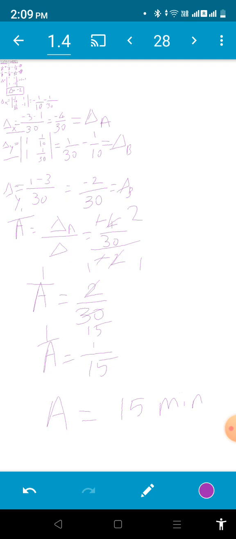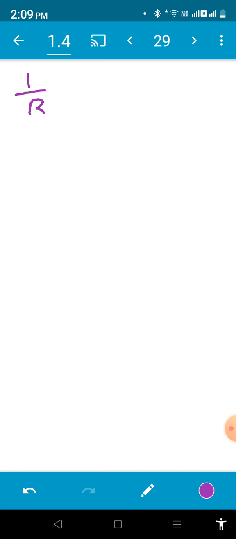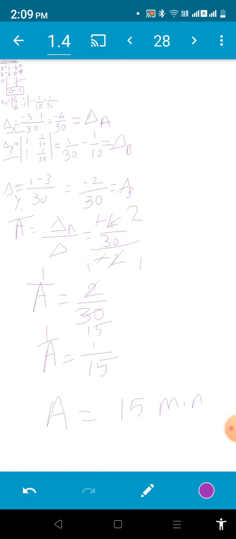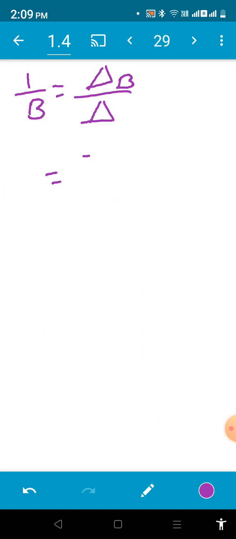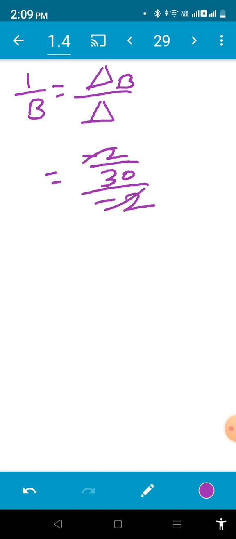Then similarly the B value: 1 by B is equal to delta B by delta. The delta B value was minus 2 by 30, divided by the delta value minus 2. I cancel these values. 1 by B is equal to 1 by 30.